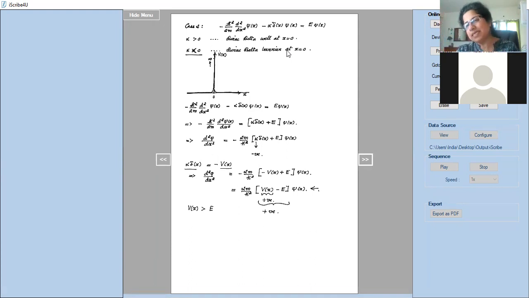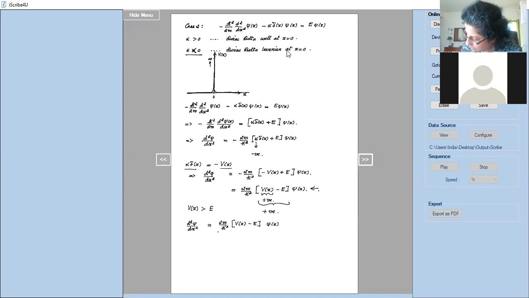Okay, let me see if I can explain it, because I just came up with this before the class. The important thing to realize from this equation that I've written out is that d squared psi by dx squared is equal to 2m over h-bar squared, times the quantity minus E, times psi of x.